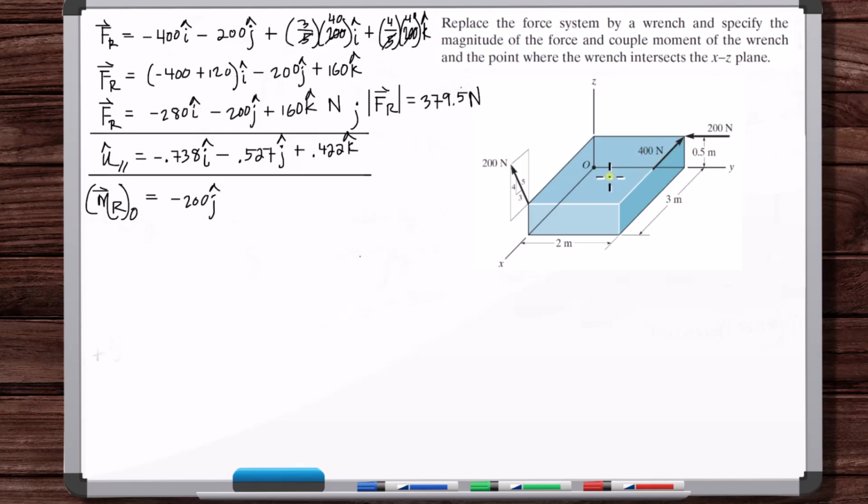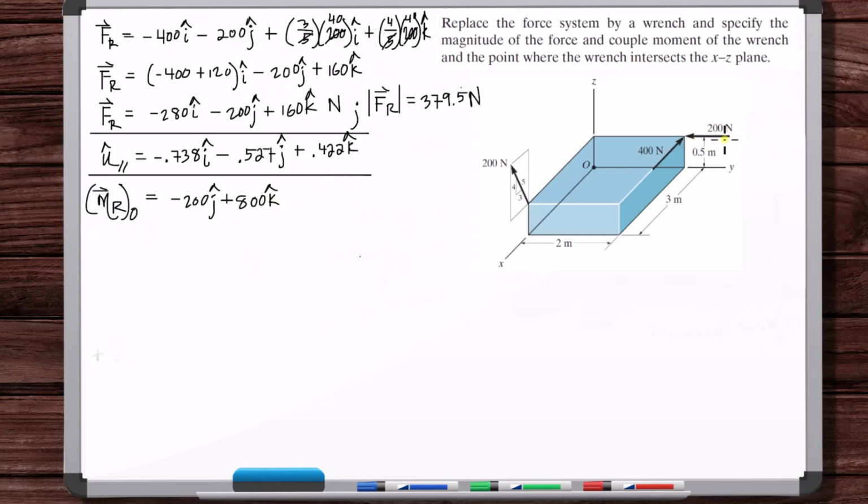Then about the z, using the right hand rule. Again, put your right hand along the z-axis with the thumb facing positive z. The curl of the fingers is in this direction, so this is causing rotation in positive k hat, 400 times 2, so plus 800 k hat.